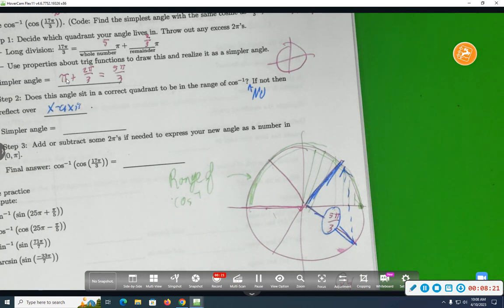What does flipping an angle over the x-axis do to that angle? It sticks an extra negative sign in front of that, right?